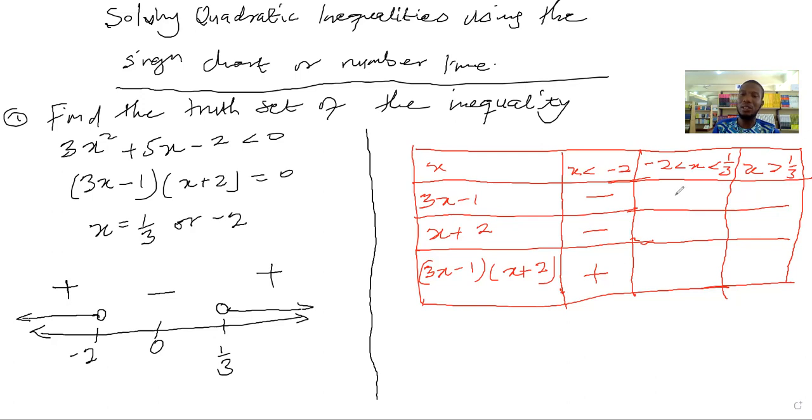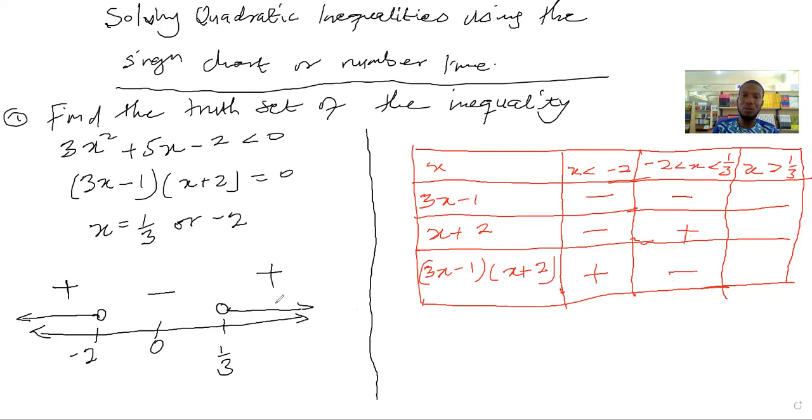Good. Then here, between them, we pick 0. So 3 times 0 is 0. Minus 1 is negative 1. We have negative. Then 0 plus 2 is 2. So positive here. Then when we put 0 in the whole expression, we are going to get a negative number because we did that already. That gives us negative 2.